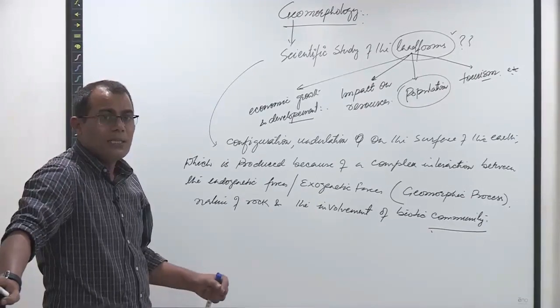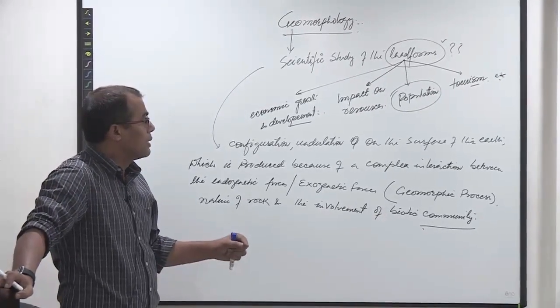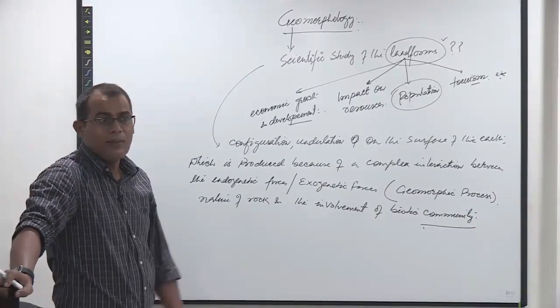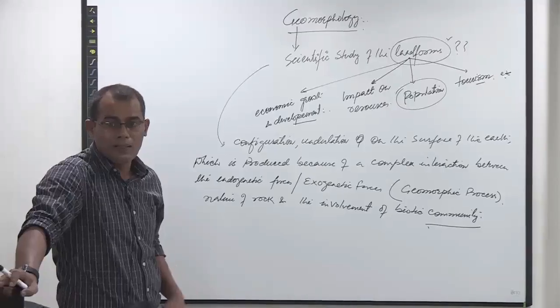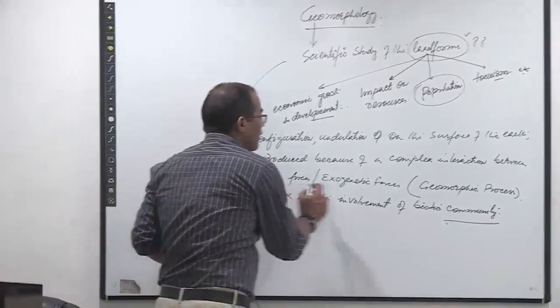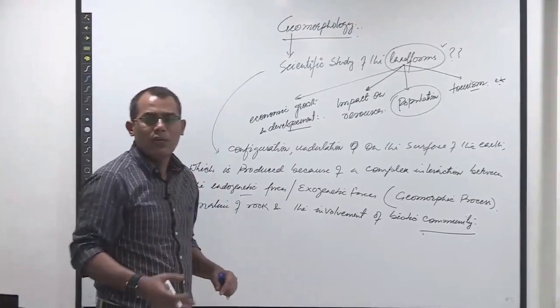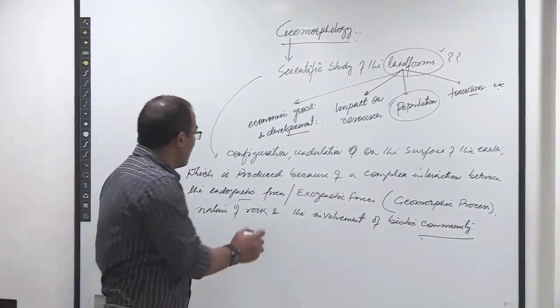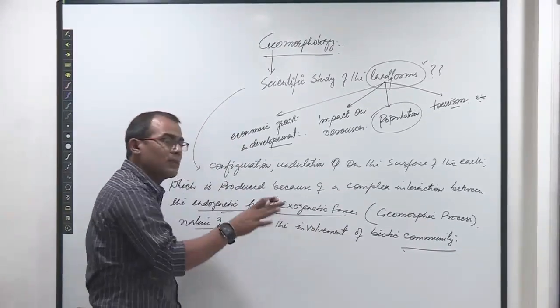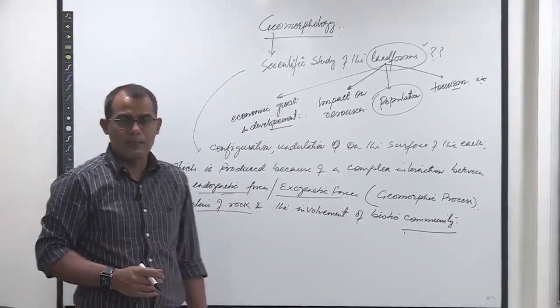The question which deals about the present day landform is far more complex than what it used to be in the past. Means earlier, especially let's say 5000 years before, or maybe even 200 years before, the endogenetic and exogenetic forces together with the nature of the rocks were responsible for the formation of lands.